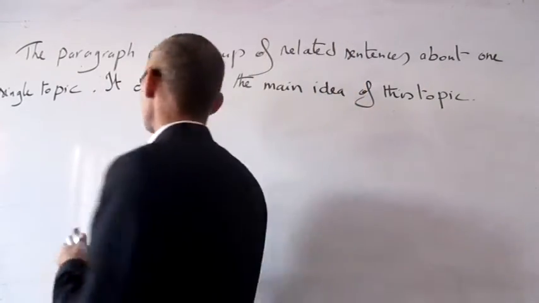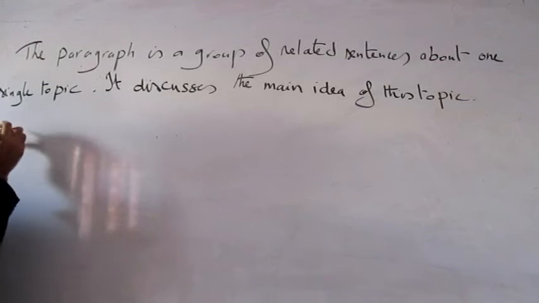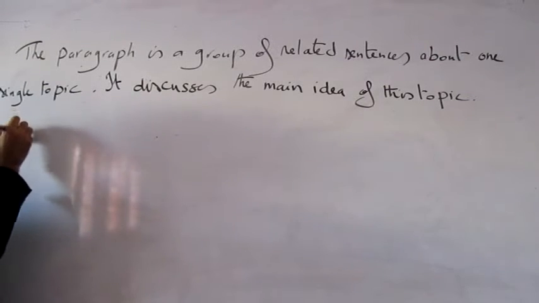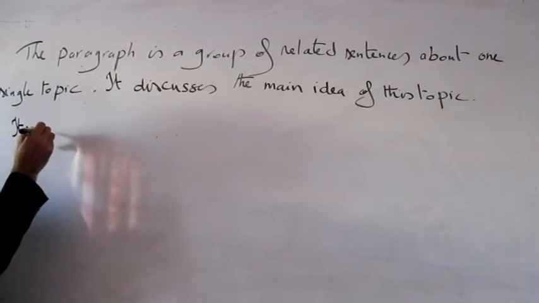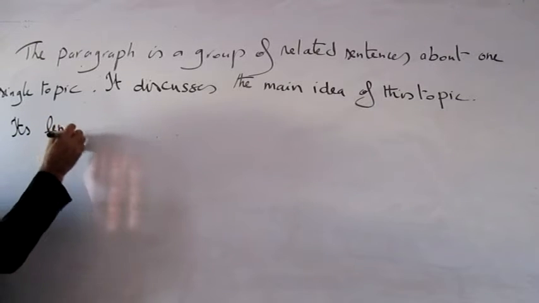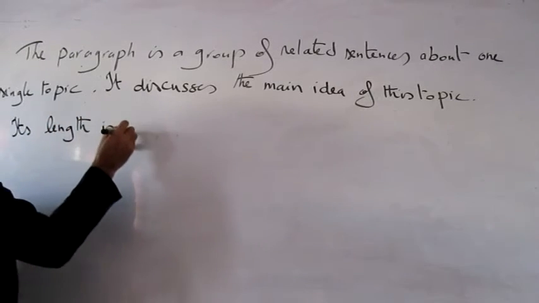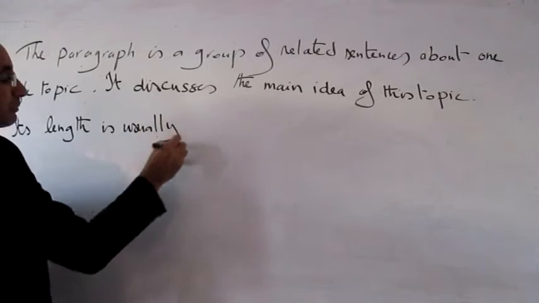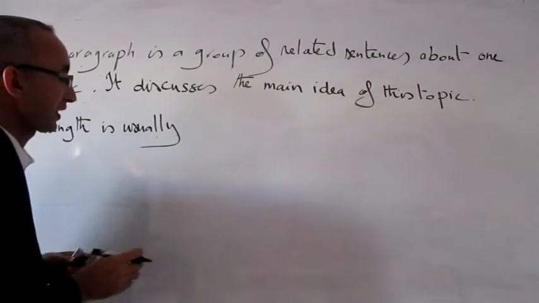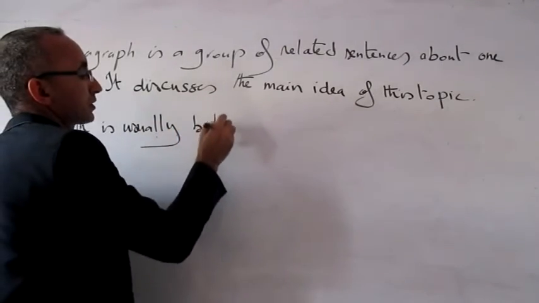So we write here: its length is usually between 5 and 10 sentences. We said usually because it is something approximate, not precise, clear.